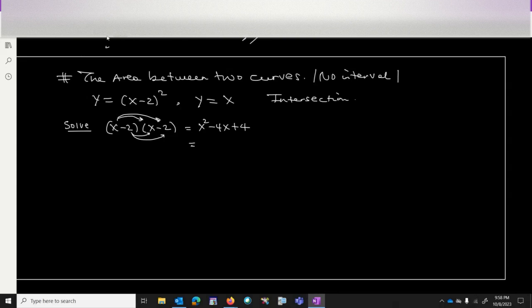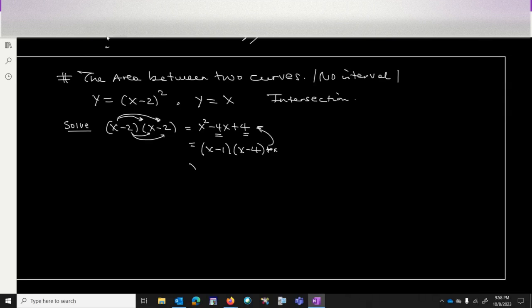Okay, so now I hope you remember your algebra lesson. There are two numbers, m and n. If m plus n gives me negative 4, and if I multiply m and n, they give me 4. So in short, I have two numbers whose sum is negative 4 and whose product is 4. Refer to your algebra lesson if you forget, but the two factors are x minus 1 and x minus 4, because if I foil these again, it brings me back to the original equation.